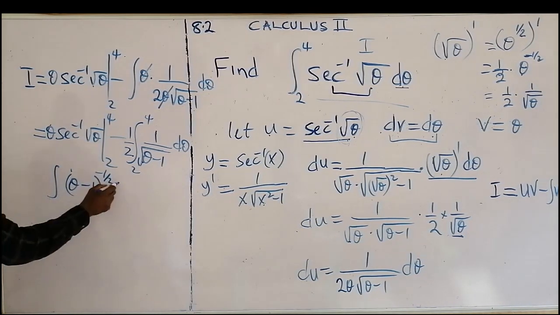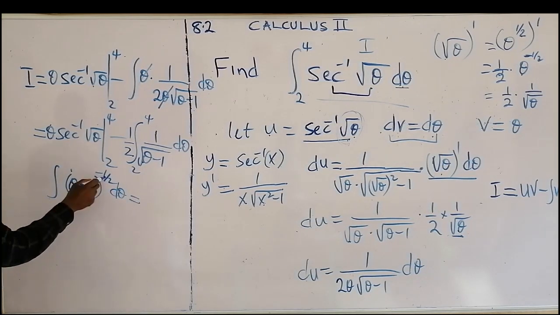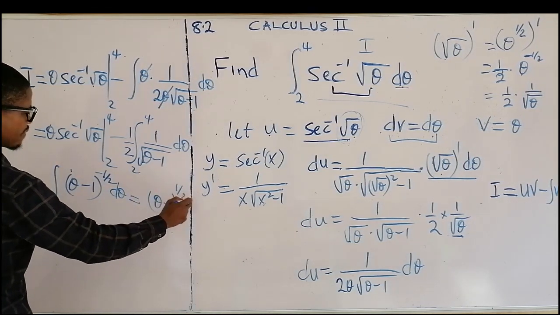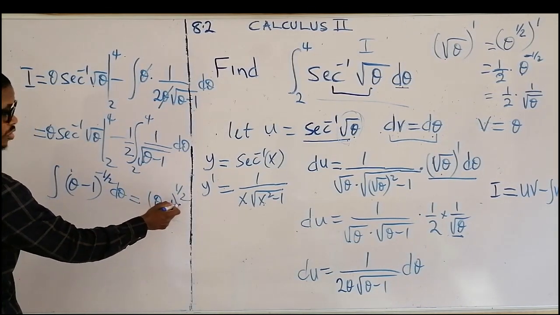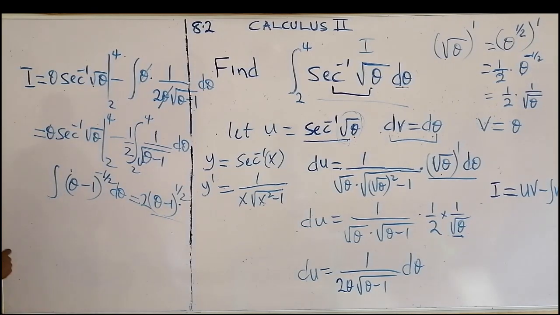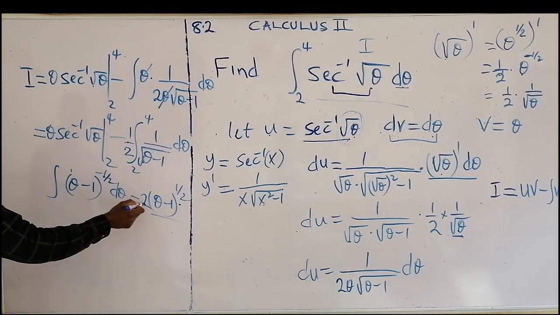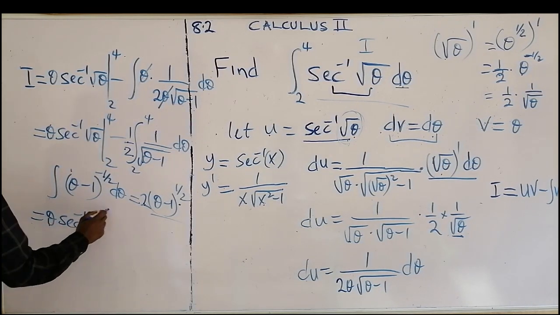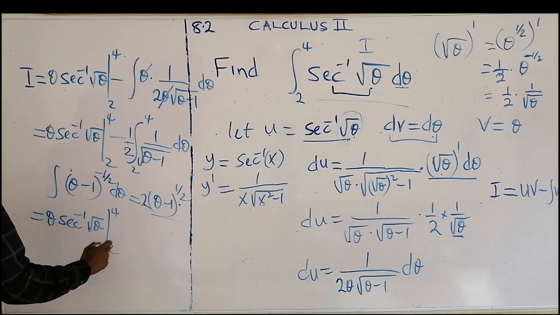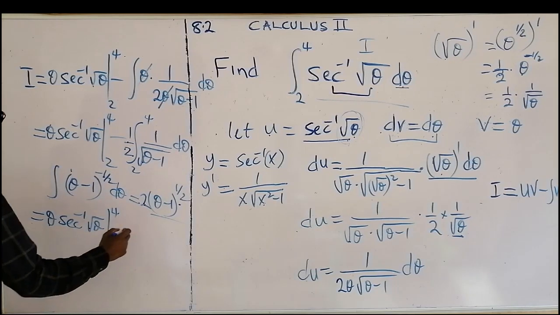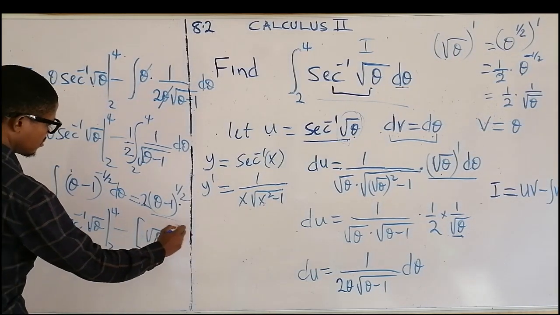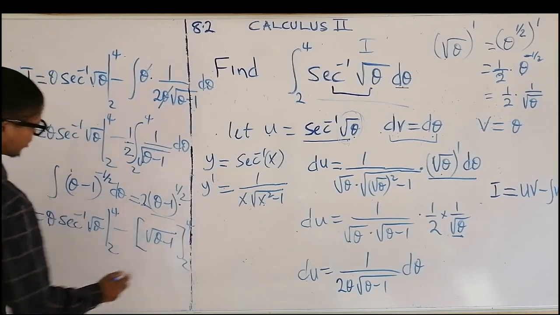If you integrate this with respect to theta, minus half plus 1 is half, so that's theta minus 1 to the power half, all over 1 over 2, so that will be times 2. 1 over 2 times 2, that cancels, that's 1. So we now have theta arcsec root theta, indicating the upper and lower boundaries, minus the square root of theta minus 1, upper and lower boundaries.